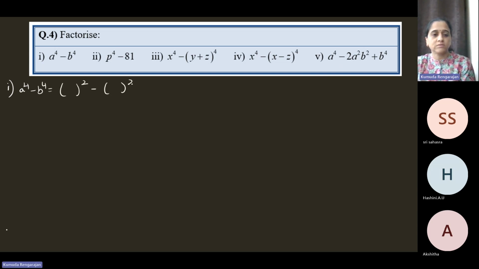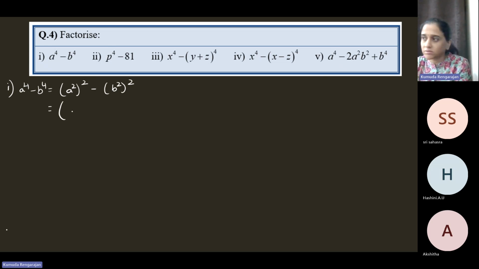Fill in the blanks. What is x the whole squared minus y the whole squared? x plus y into x minus y.